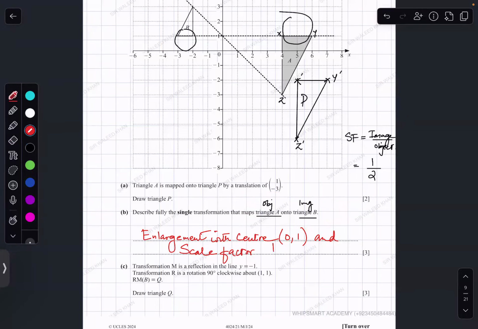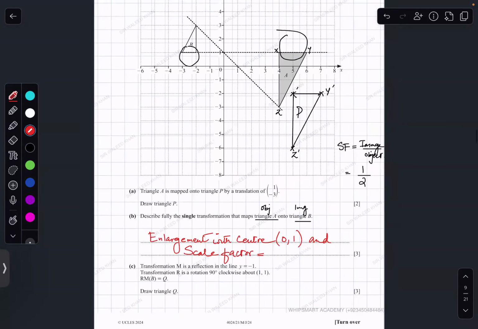One more thing, the scale factor is 1/2, and there is one last thing. Is the center of enlargement between the object and the image? Yes or no?